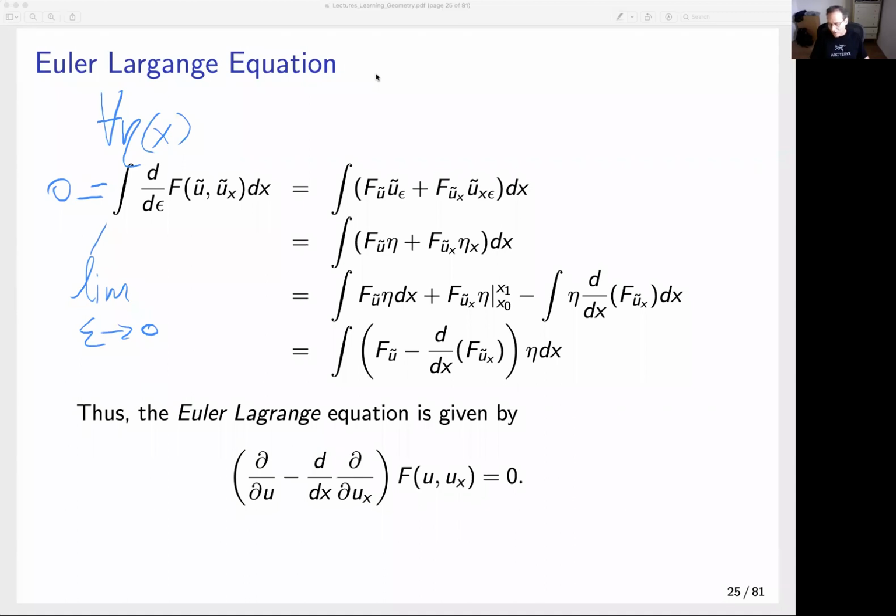You're absolutely right, but this should hold for every eta. I can take eta 1, which is orthogonal in your vocabulary to eta. So this should hold for every eta, and therefore, in order for it to hold for every eta, I need this condition to be equal to 0 at each and every point. Right. Okay. Thank you.